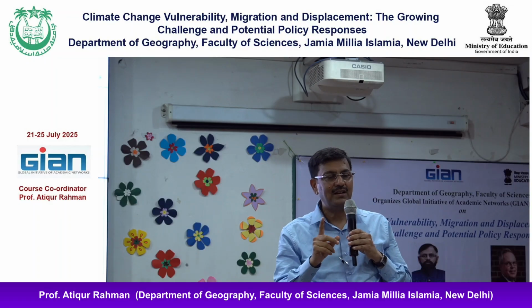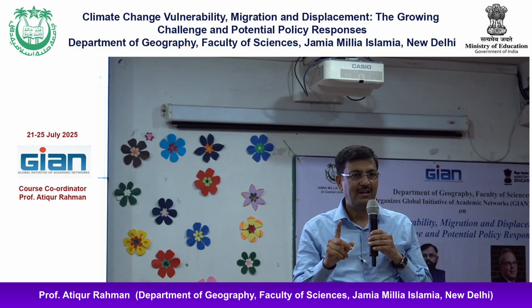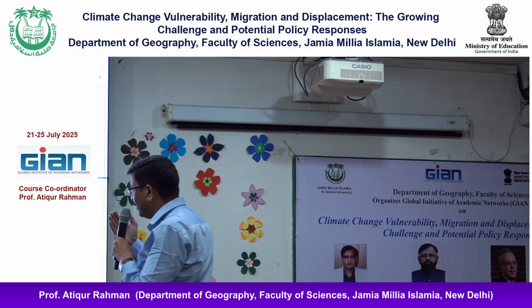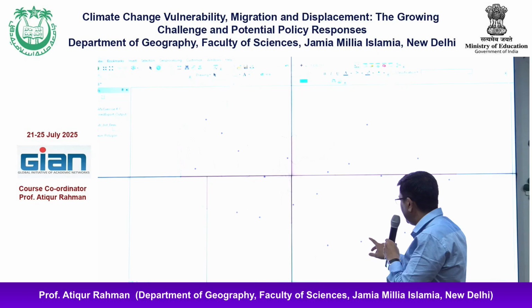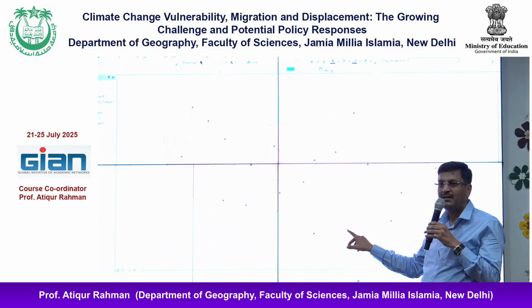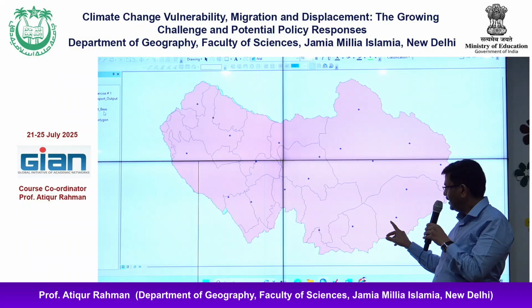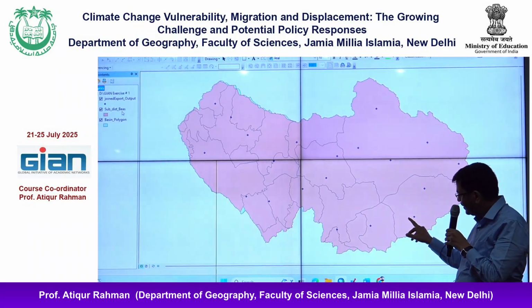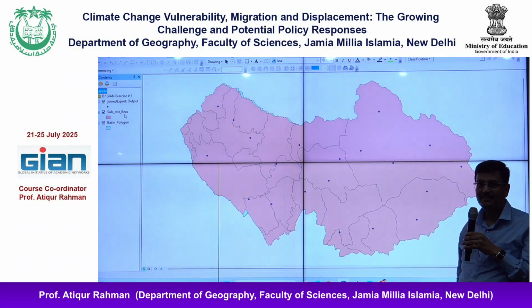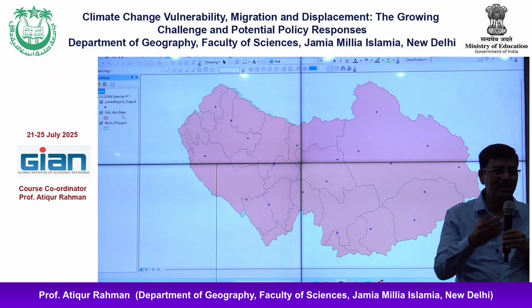Then the third step is to interpolate, because before GIS we did not know the value. If this is rainfall here, 30 millimeter, here 40 millimeter, what is the rainfall in between? Nobody knows. And there was no data.